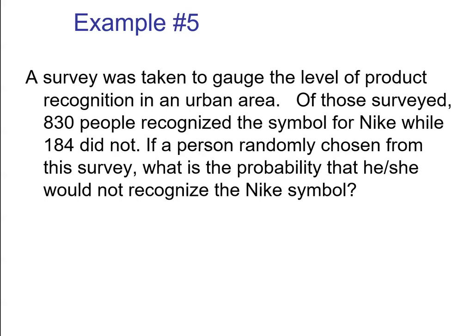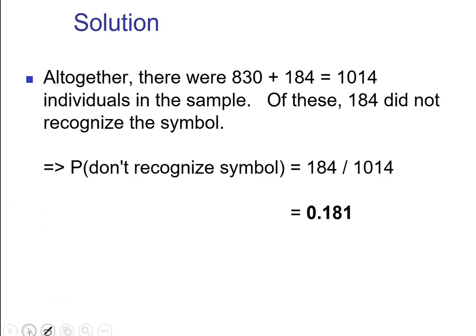Okay, not recognize. So that is the 184 over the total number. In this case, adding those together, we have 1,014. 184 over 1,014 gives us approximately 0.181.